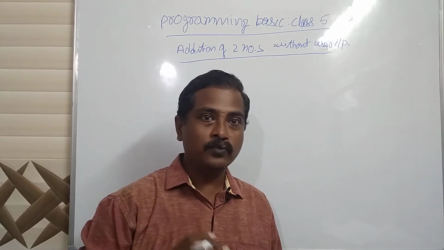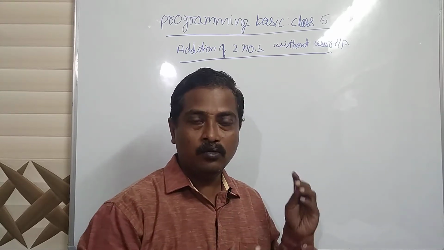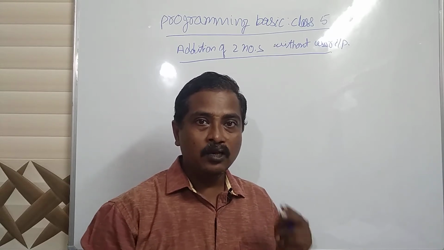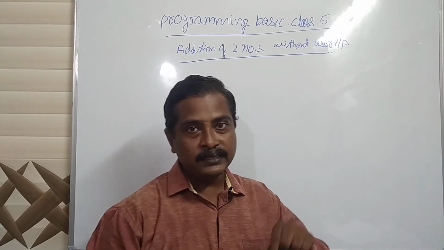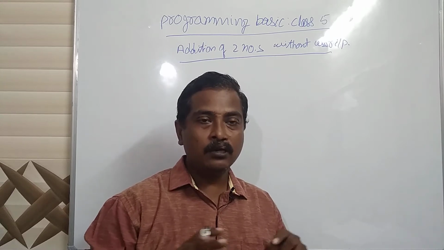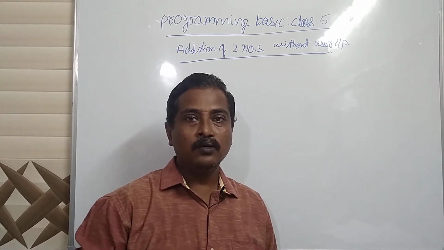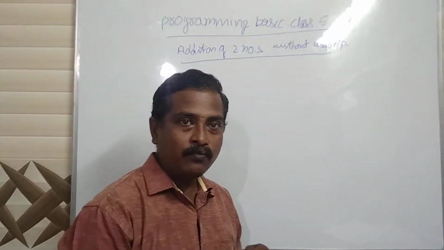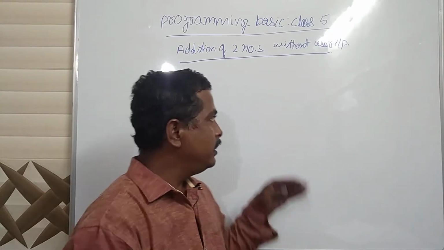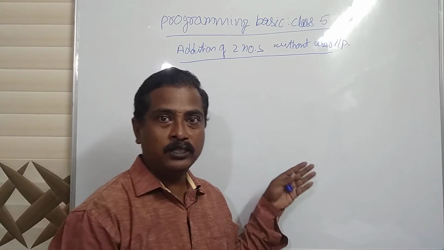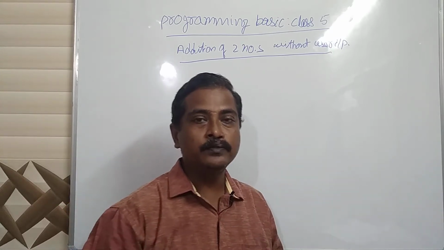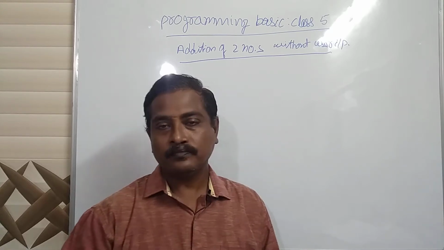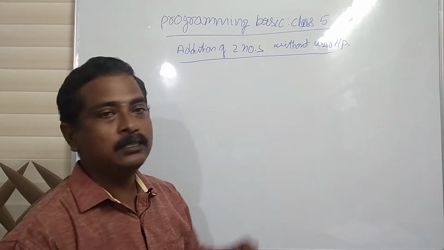There are two types of programs for addition of two numbers. In one program we will not input anything; two values we will take inside the program only, that will not be considered as input. In the second program, if time is sufficient in this video I will do it, or in the next video, we will enter two numbers from the keyboard, that will be with user input.